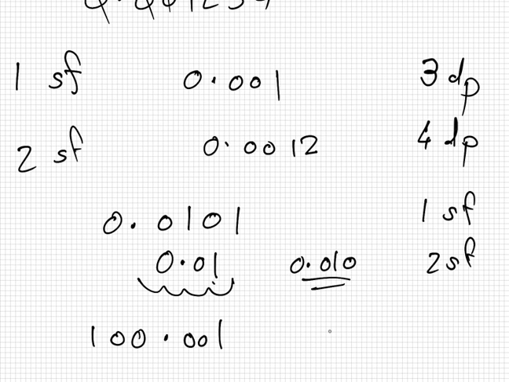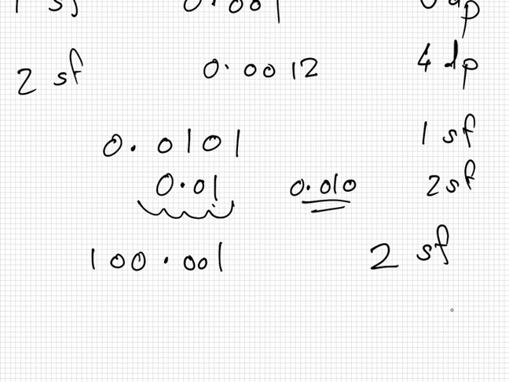Let's do one more. 100.001. And if I said 2 significant figures, what would it be here? It's 100. You're right. 2 significant figures here would be 100.